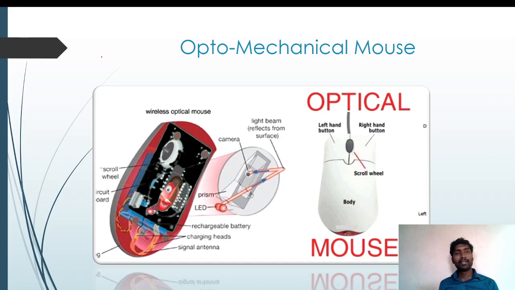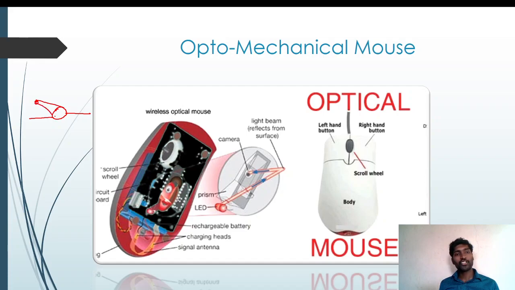If you see, as you already saw in the mechanical mouse, a ball will be there. Here in this mouse also the same ball will be there. This is the ball, and this is the mouse downside. This ball is touching the floor. Here there will be a light sensor on the ball.